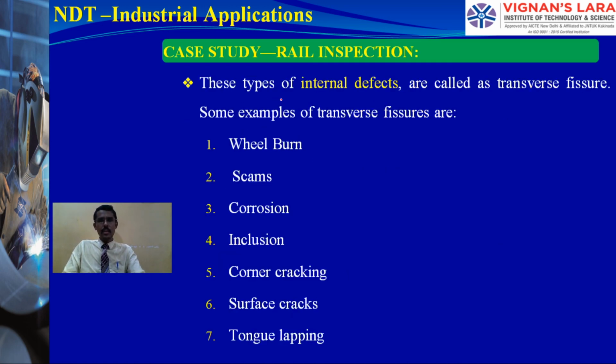This type of internal defects are called transverse fissures. Some examples of transverse fissures are wheelburn, shells, corrosions, inclusions, corner cracking, surface cracking, and tongue lipping. So these are a few of the various internal defects.